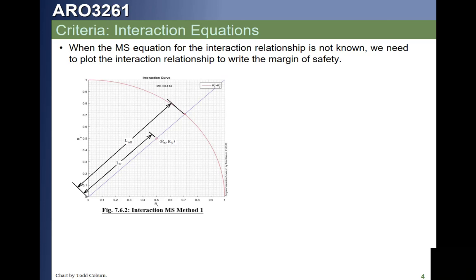One way to calculate the margin of safety is to compare the distance from the zero to the point related to the distance from the zero to the curve, using what's called the loading line.